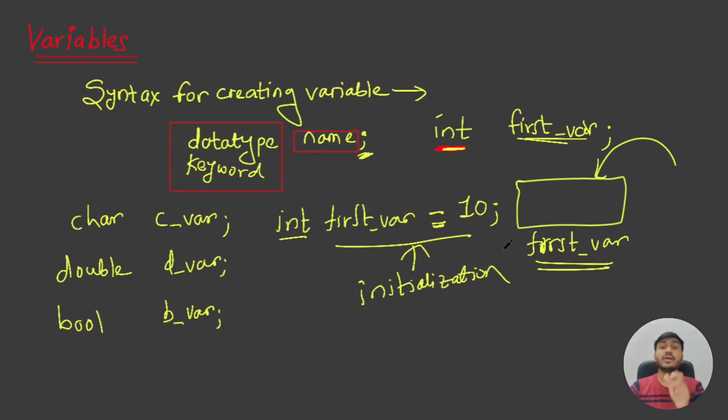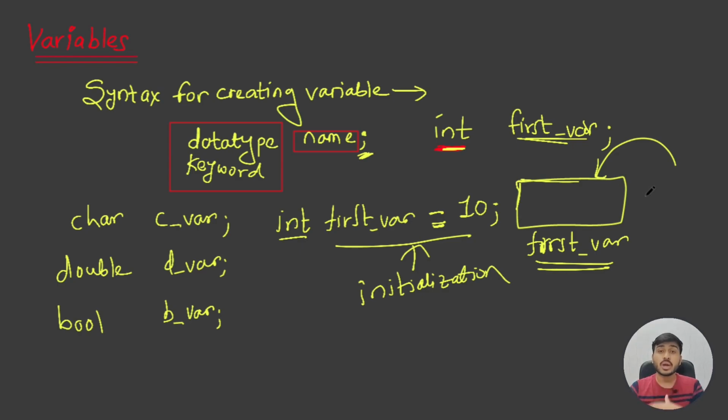So what we are doing is initializing the variable. We are putting some initial value into the variable. This is called initialization. What is the syntax? You write the data type, then the variable name, then equal to, and then the value. Now whenever you write something like this, what is going to happen? The compiler, or C++, is going to create a variable for you.